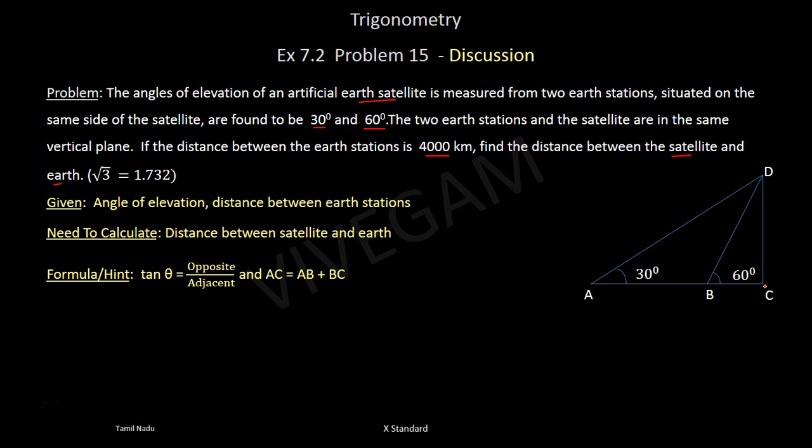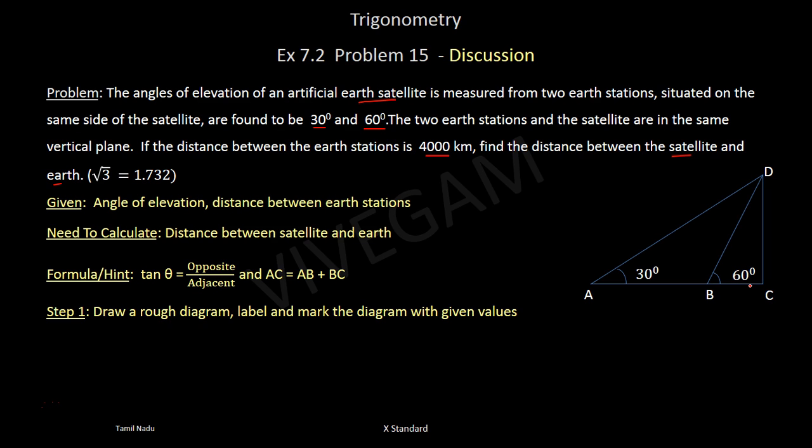And the same formula, tan theta is opposite by adjacent, because we have some value on this side and we need to calculate this. So the relationship which connects the unknown to the known is tan theta. That is, we have to have a relationship between opposite and adjacent, that is tan. And we also know AC equals AB plus BC.